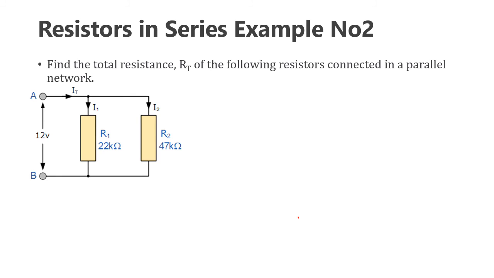So here is another example question to find the resistance of resistors in a parallel network. Find the total resistance RT of the following resistors connected in a parallel network. So from our product over sum method, we can directly find the equivalent resistance value. RT will be equal to product of the resistors over sum of the resistors.